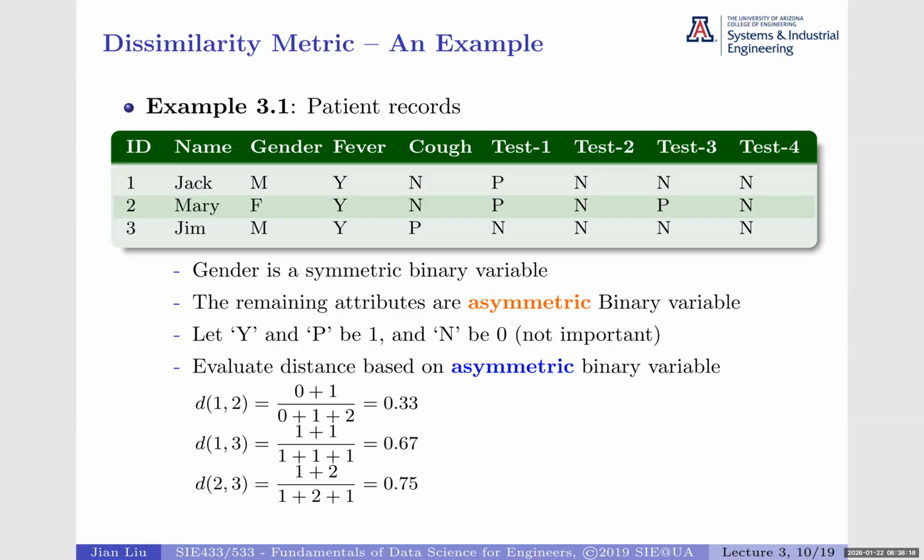First, the difference or the distance between Jack and Mary. We only consider the asymmetric binary variables.